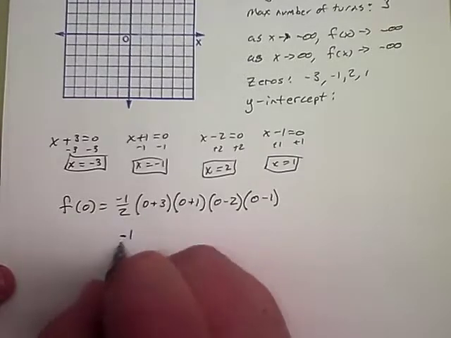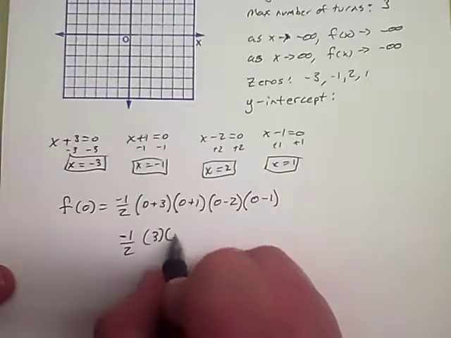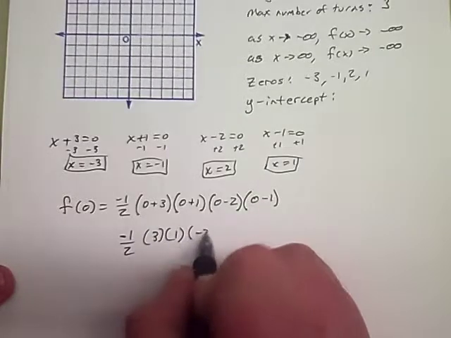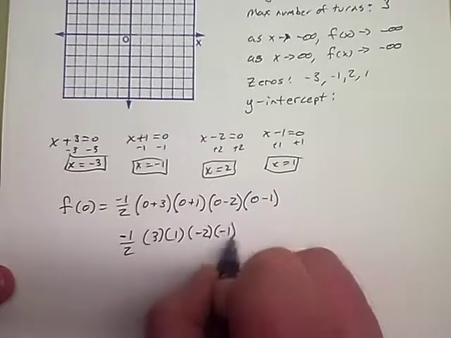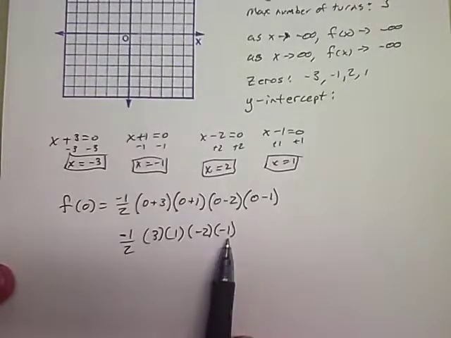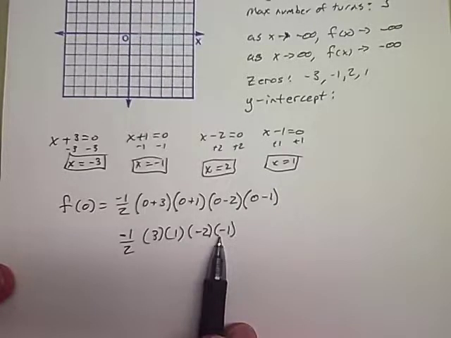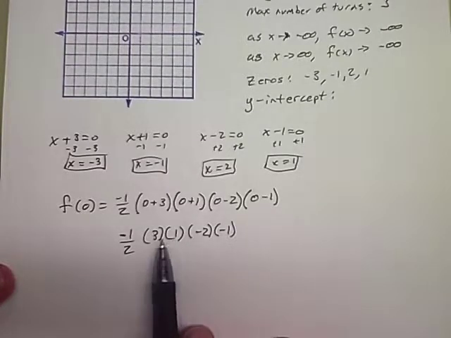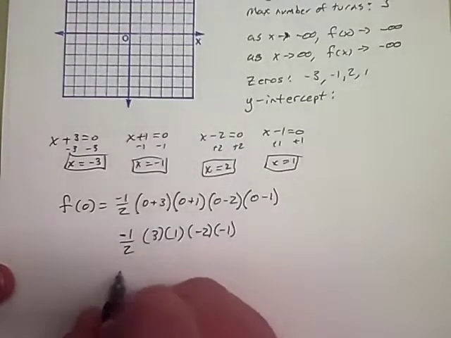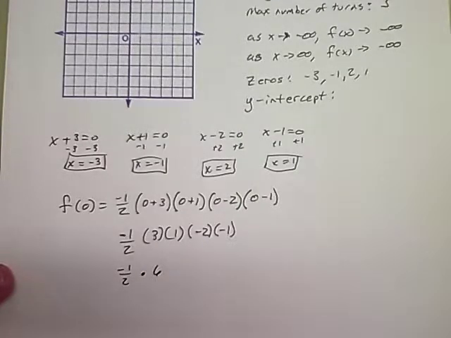So I get negative 1/2 times 3 times 1 times negative 2 times negative 1. And now I'm just going to multiply these. The 1s are nice, right? So let's take a look. Negative 2 times a negative 1 is a positive 2. 2 times 1 is 2. 2 times 3 is 6. So now I have negative 1/2 times 6.